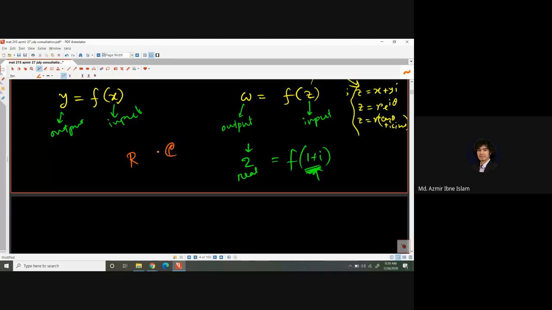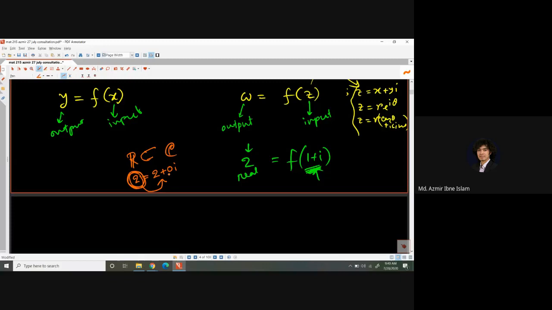The complex number set is one of the largest sets, and R, the real number set, is a subset of the complex numbers. That means any real number 2 can be considered as 2 plus 0i. So here 0i is telling us that this 2, despite being a real number, can be a complex number.